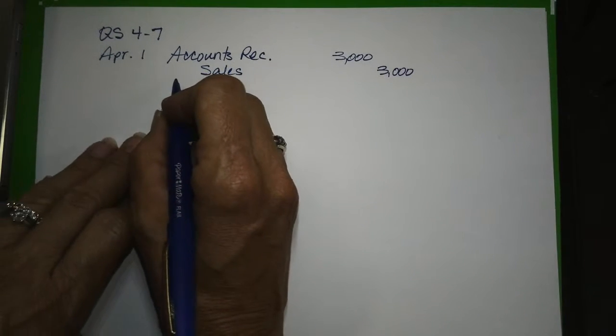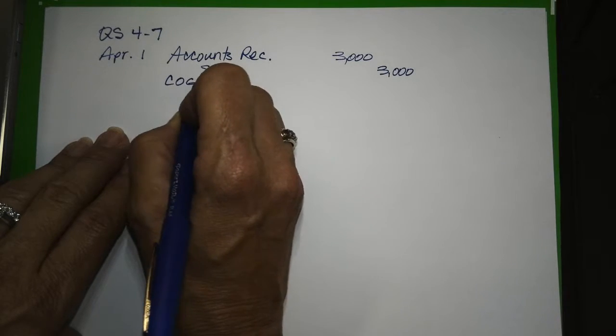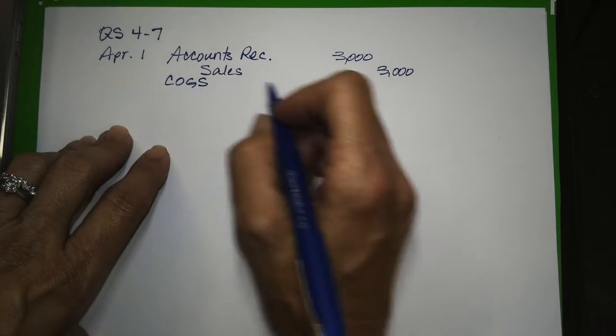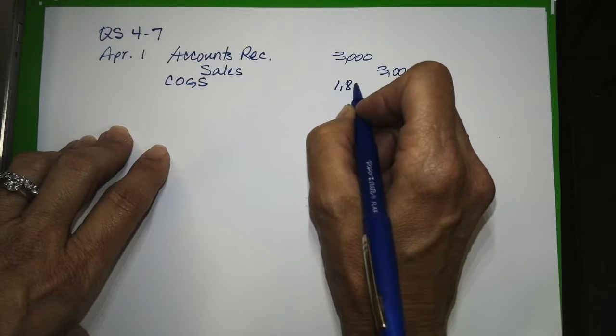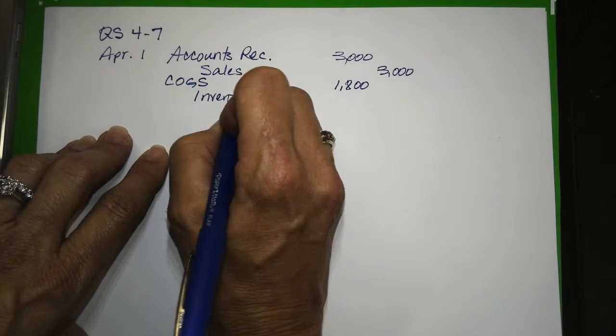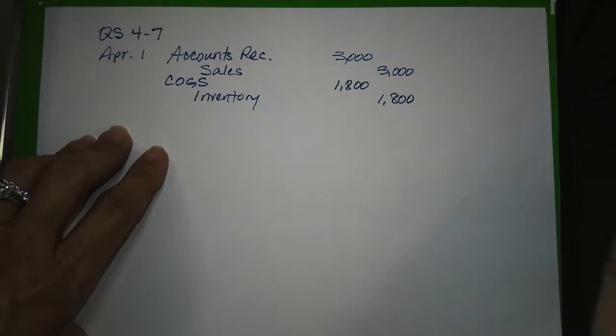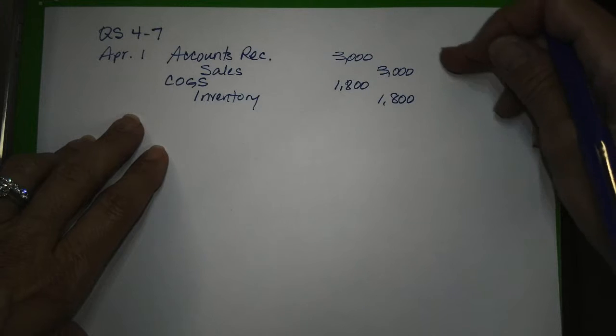Okay, then we can't stop there. We're going to record the cost of goods sold, which they told us was $1,800, and we are going to remove that $1,800 from inventory by crediting inventory. Okay, so there's my full transaction.